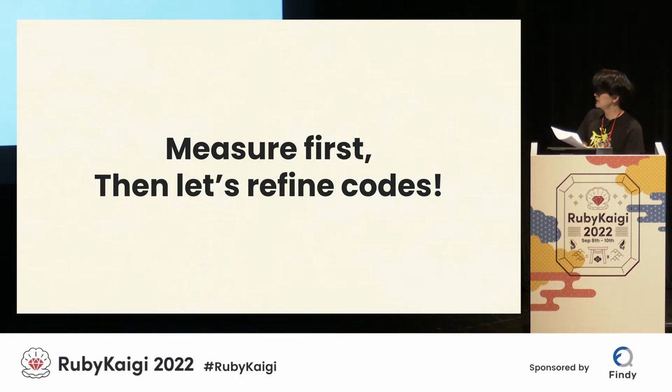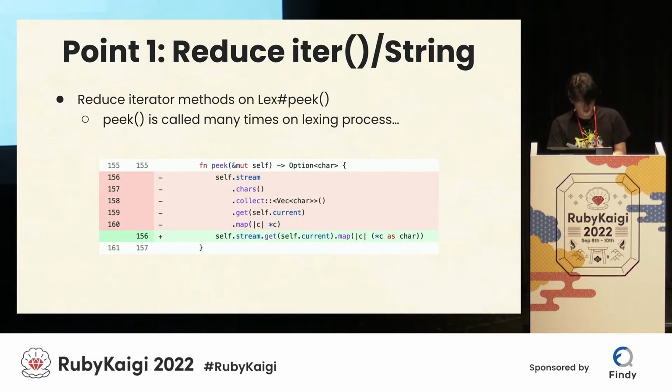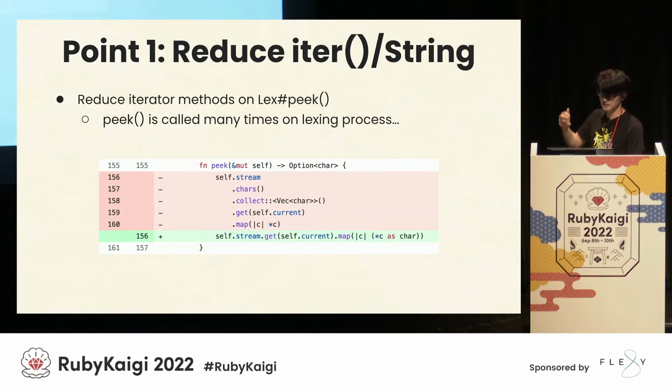So after measuring these bottlenecks, let's fix some code. At first, maybe the iterating function may be a bottleneck. So I decided to reduce iterator methods in Rust. I found this function named peek is called very many times in the lexing process.